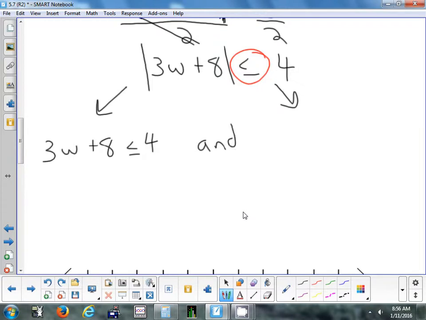Now, I'm just going to do the first step to set up that next inequality. I think it's the easiest part. I'm just going to rewrite it without the bars. 3w plus 8. Now, anybody know what I have to do now?